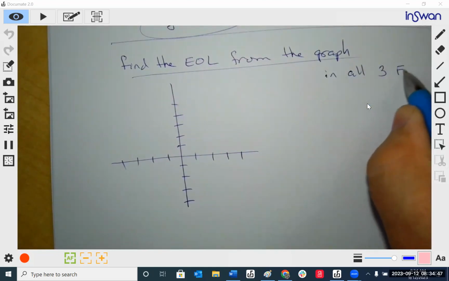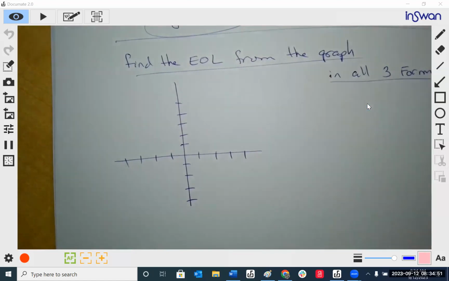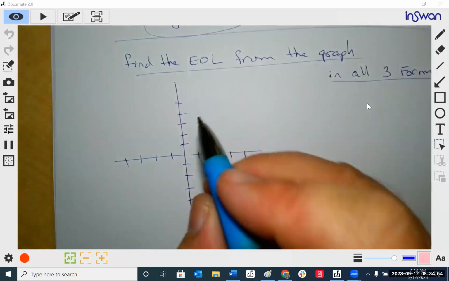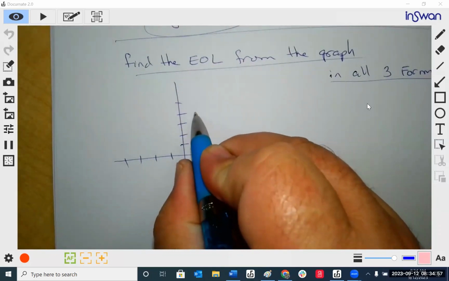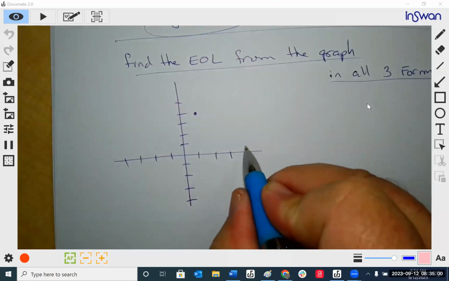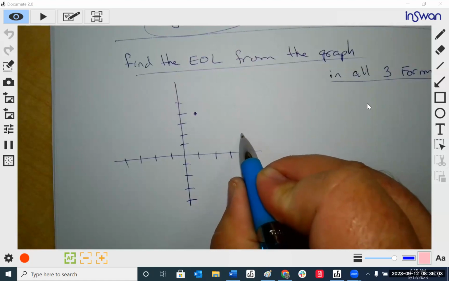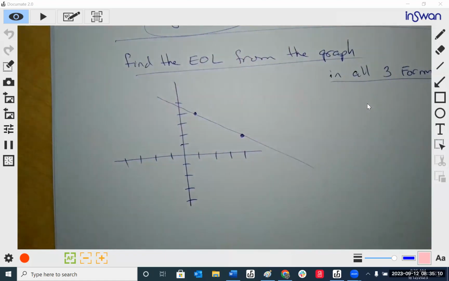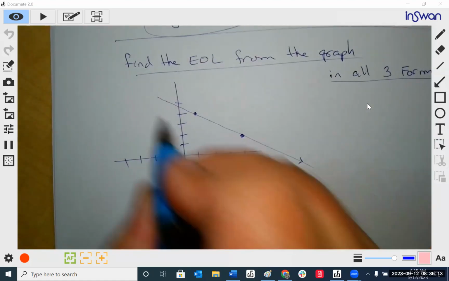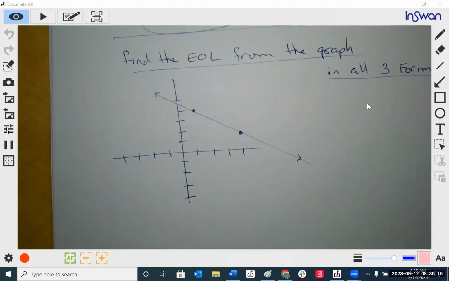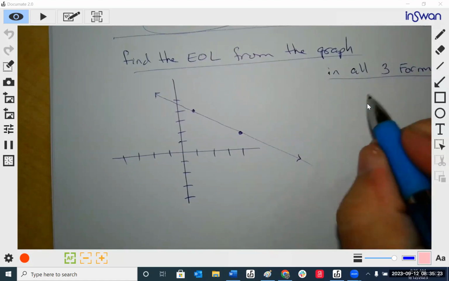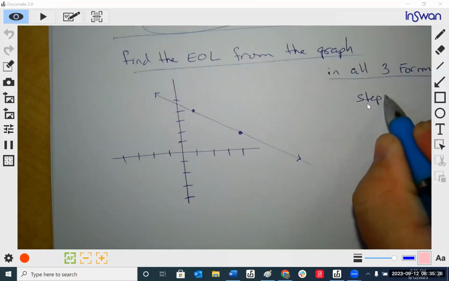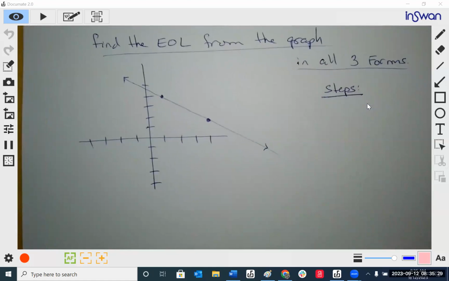In all 3 forms. Find the equation of that line. What do you think the first step is?